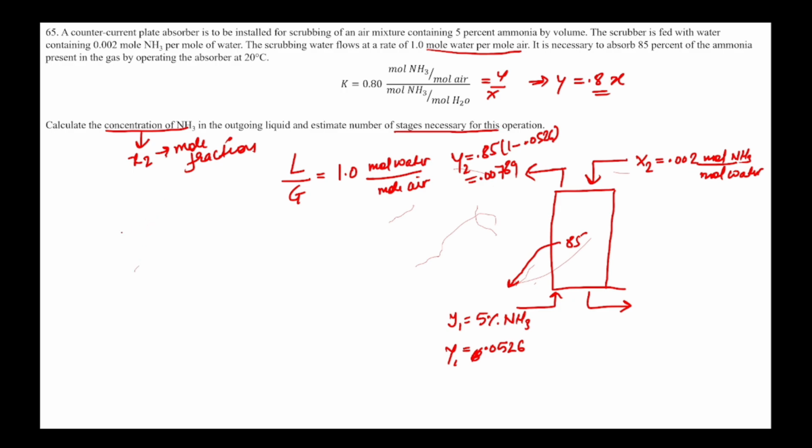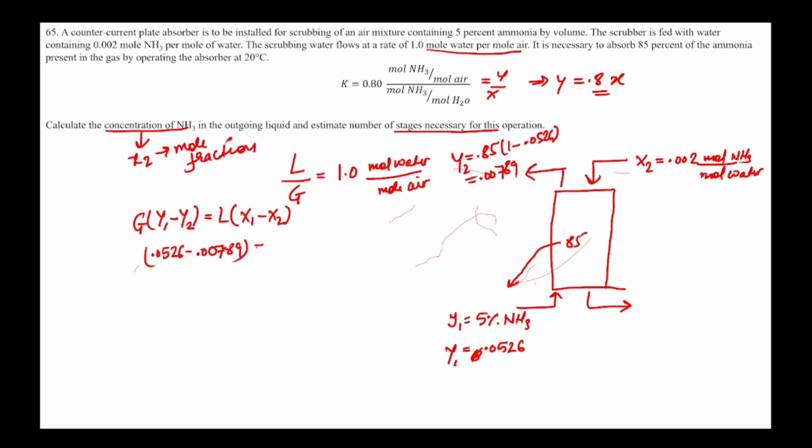So very first thing, G into y1 minus y2 is equal to L into x1 minus x2. Okay, so y1 is 0.0526 minus 0.00789.